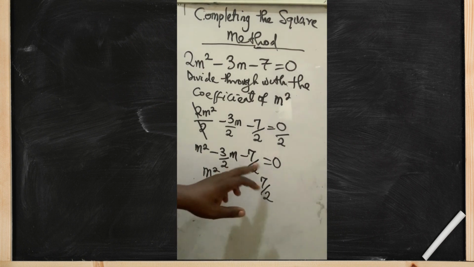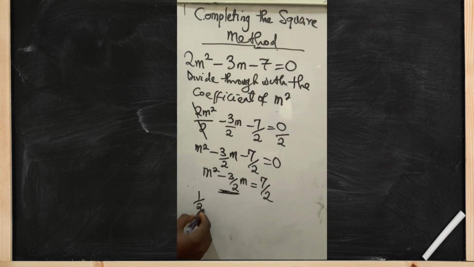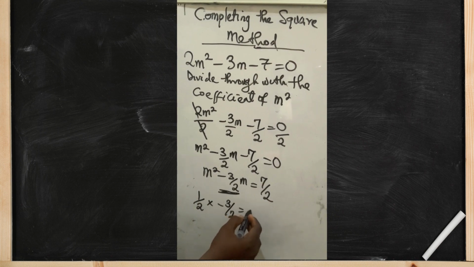Because 0 plus this, by the time this crosses to the other side, it becomes positive. Now remember what I told you from the beginning. For us to make this a perfect square, you need to first look for half of this. So the first thing is to look for half of minus 3 over 2, which will be minus 3 over 4.